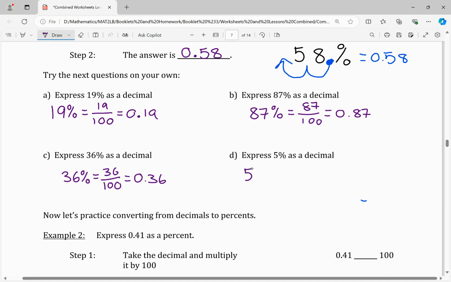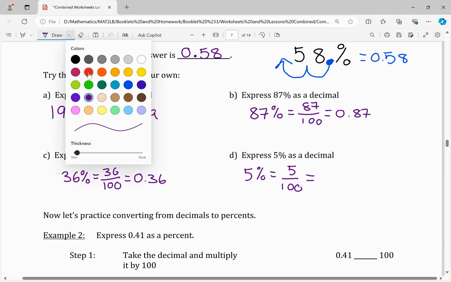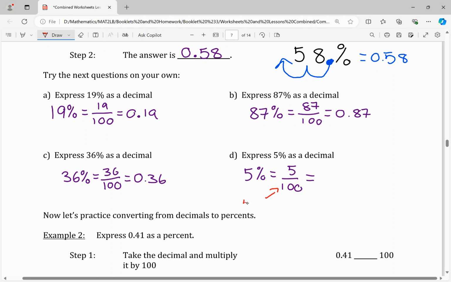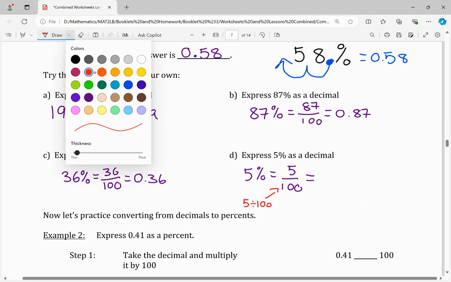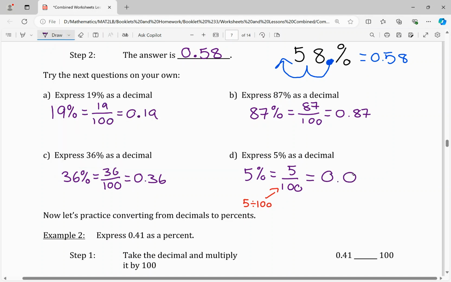And 5%, be careful with this one, 5% is equal to 5 over 100. Plug that into a calculator. Remember, we're typing in 5 divided by 100. Plug that into a calculator, and you get an answer of 0.05.